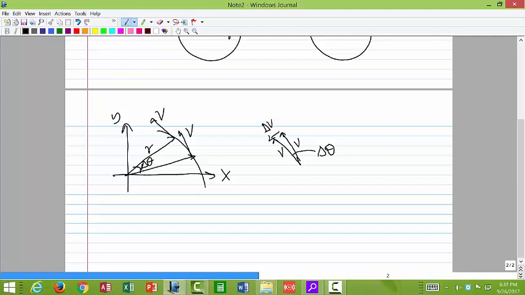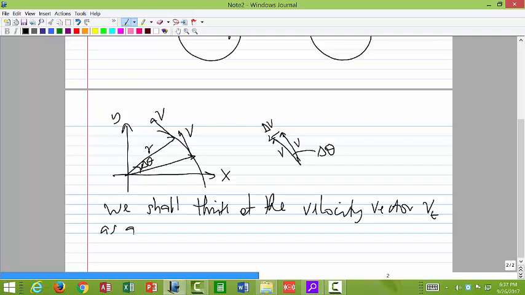So basically what we have are two similar triangles. Let's think of the velocity vector V subscript t as a vector at a tangent to the circular path.